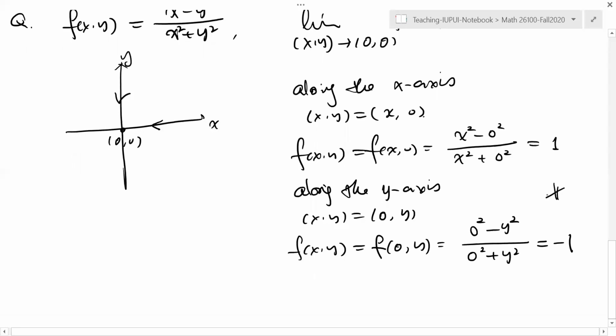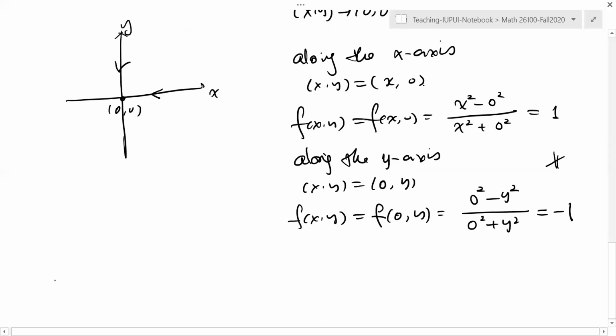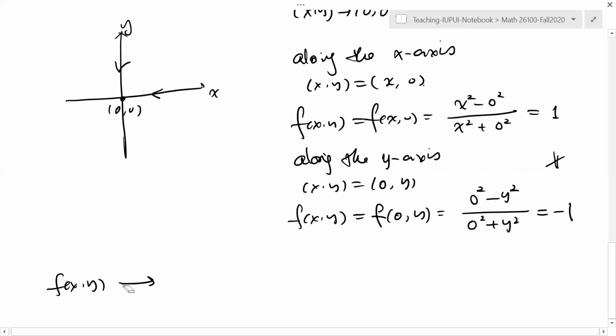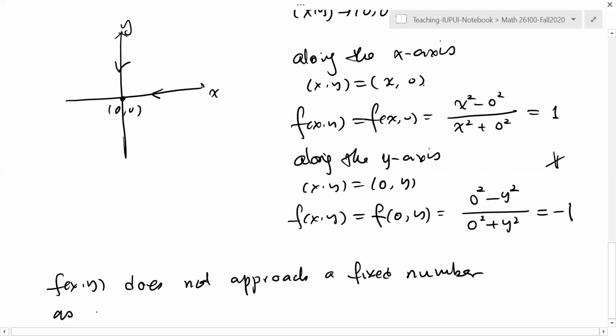So your conclusion is that f(x, y) does not approach any fixed number as (x, y) approaches the origin.